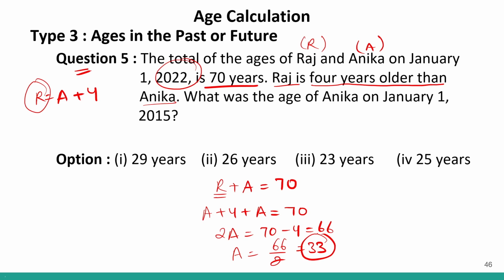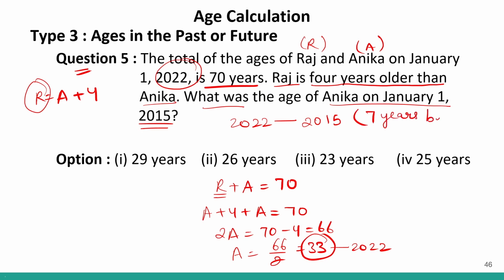So this is Anika's age in which year? 2020. Now, what was the age of Anika on January 1, 2015? So from 2020, I have to find the age in 2015, that means I'm going 5 years back. Correct?